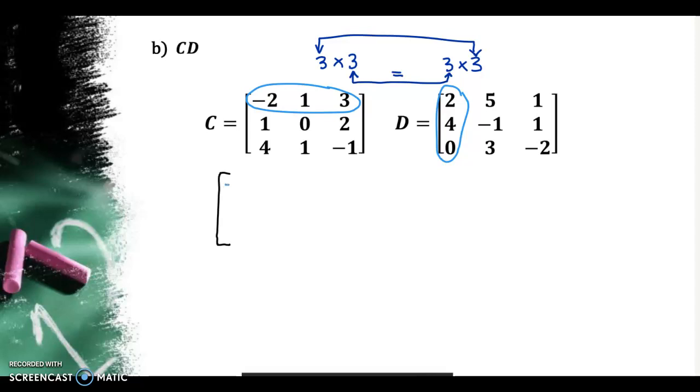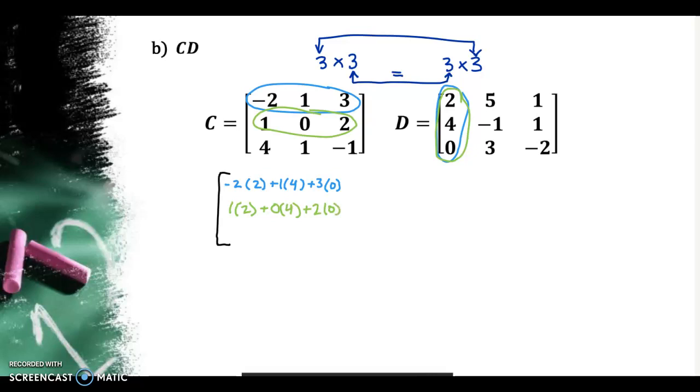So we'll get -2 times 2 plus 1 times 4 plus 3 times 0. Now for the second row, first column entry, we're going to take 1 times 2 plus 0 times 4 plus 2 times 0.